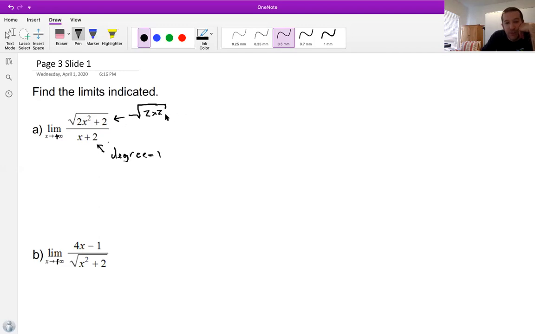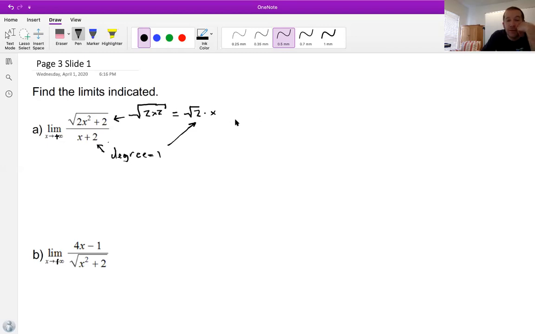So as x approaches infinity, this term approaches root 2x squared, which we can simplify as square root of 2 times x, which tells me that the degree of the numerator is also 1, because that's x to the first here.